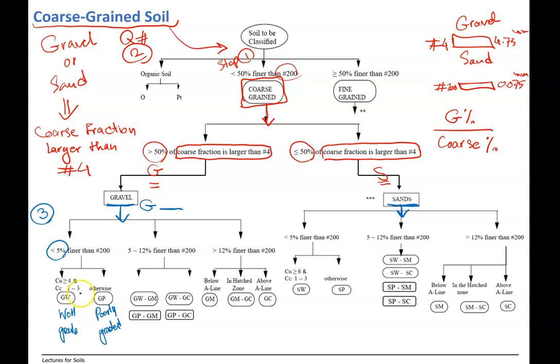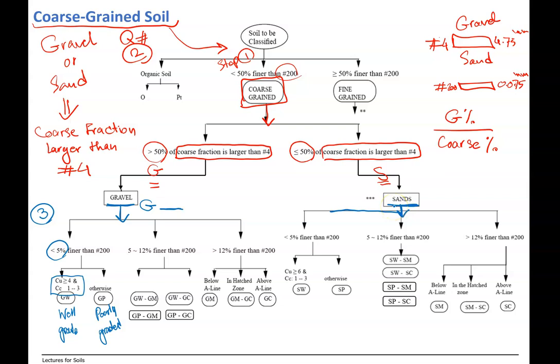And you remember these statements from sieve analysis. A well-graded gravel sample is a sample that has a coefficient of uniformity higher than 4 and a coefficient of curvature between 1 and 3. It's the same thing for sand.